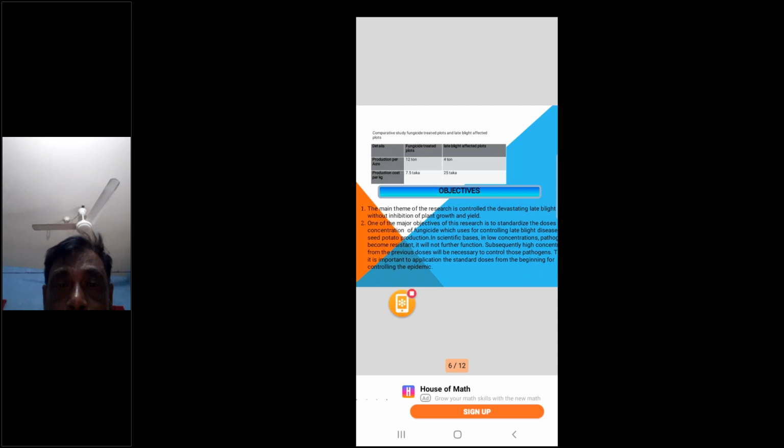One of the major objectives of this research is to standardize the dosage and concentration of fungicide we use for controlling late blight disease on seed potato production. On a scientific basis, in low concentration, pathogens become resistant and the fungicide will not function further.